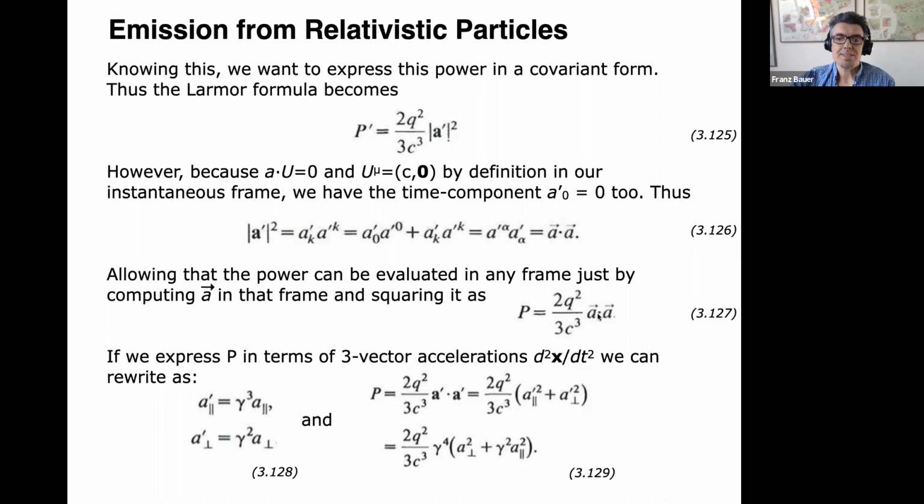We can re-express this in terms of the parallel and perpendicular components as we did before. If we express this power with the 3-vector acceleration, the perpendicular component ends up transforming as gamma squared, and the parallel component ends up transforming as gamma to the 3rd power.